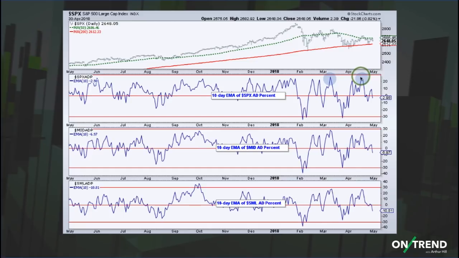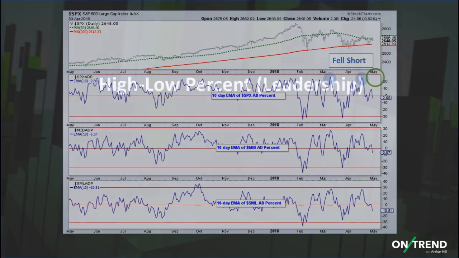There wasn't enthusiasm in this rally or in either one of them, basically. And you can see that we fell even shorter on mid caps from March to April, and small caps also fell short. So until we start seeing some moves above plus 30%, I don't think this correction has fully run its course. It hasn't ended.